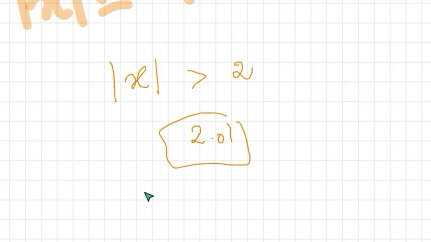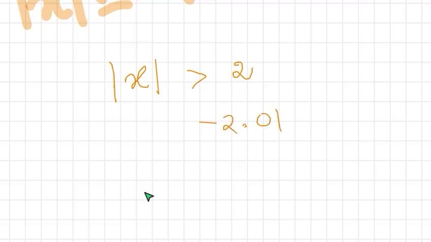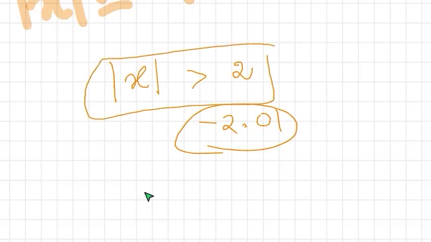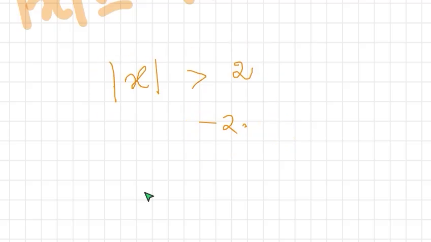Is it correct? What about minus 2.01? If you put x as minus 2.01, is this correct? So not only positive values, but also some negative values are being satisfied. Correct?